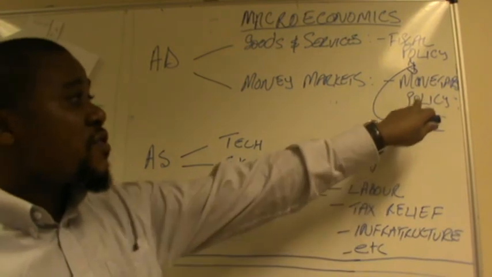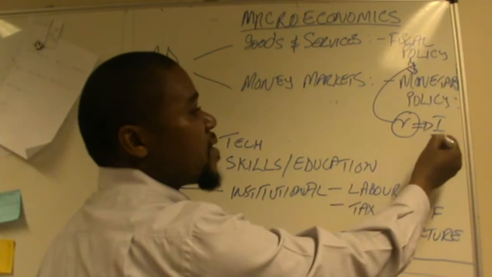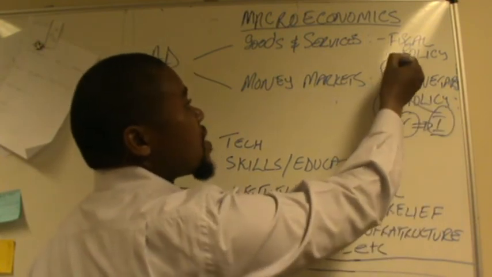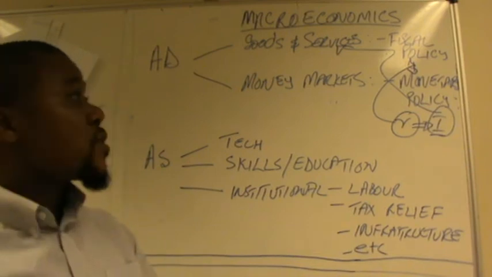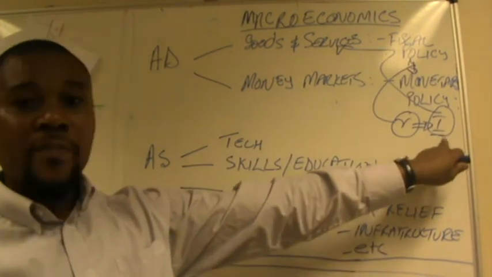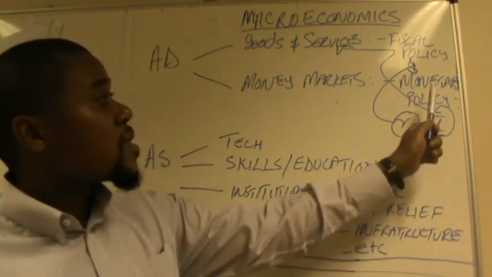So whilst interest rate is important for money markets, private investment is important for aggregate demand. So this would be government, this would be private investment, and we also talk about consumption.